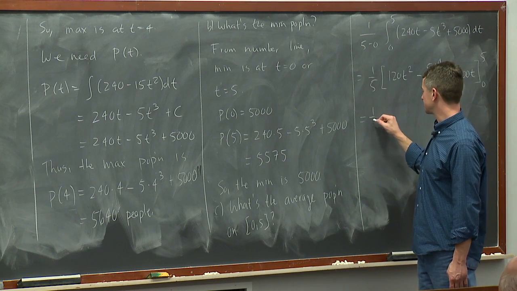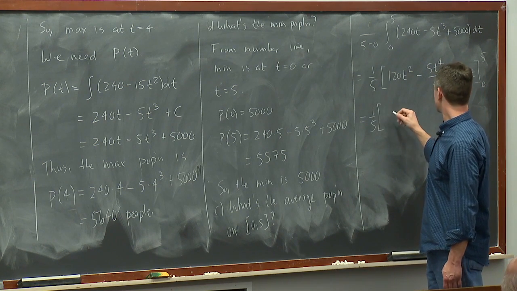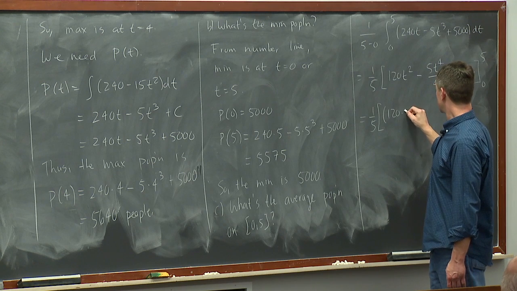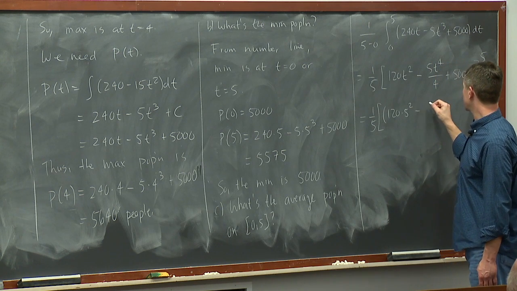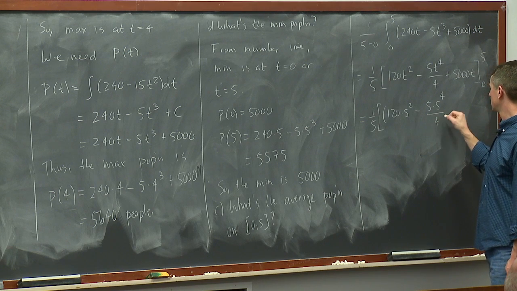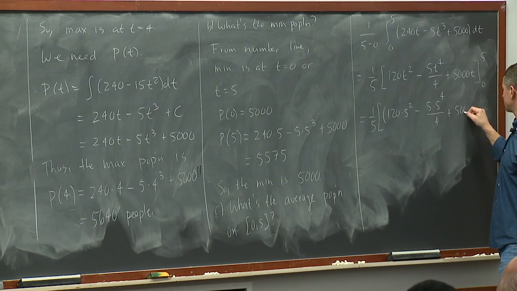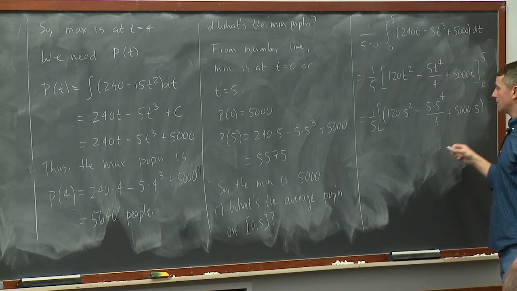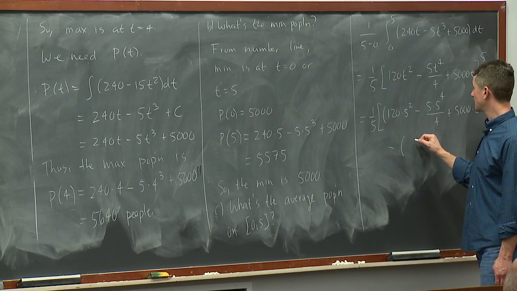And which one gets plugged in first, the top or the bottom? The top. 120 times 5 squared minus 5 times 5 to the 4th over 4 plus 5,000 times 5. Luckily, when we plug in 0, we just get what?